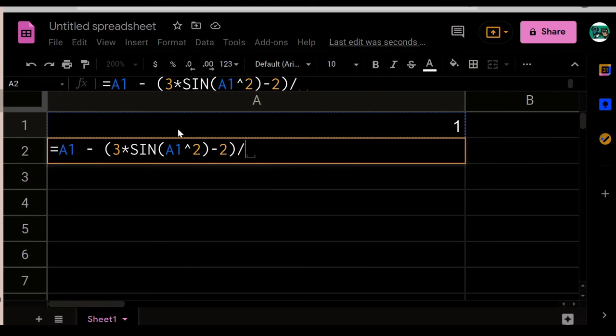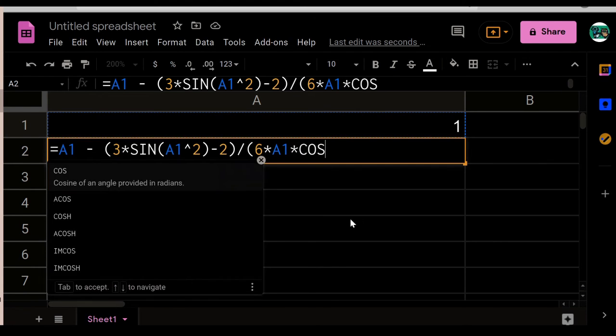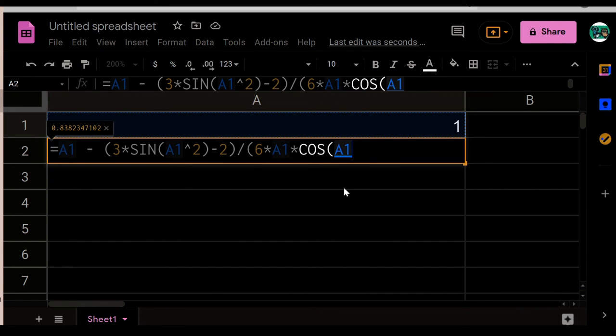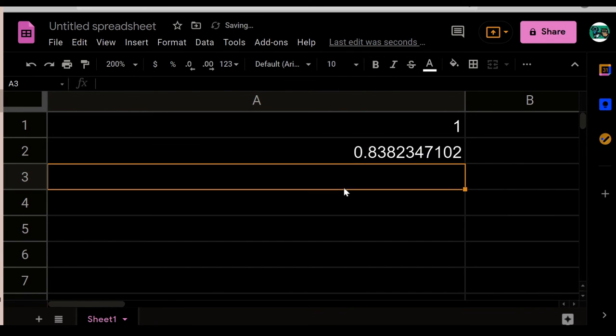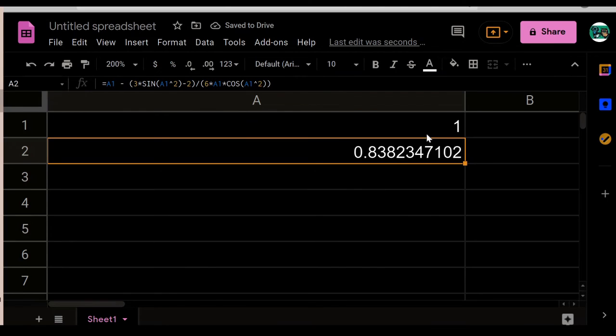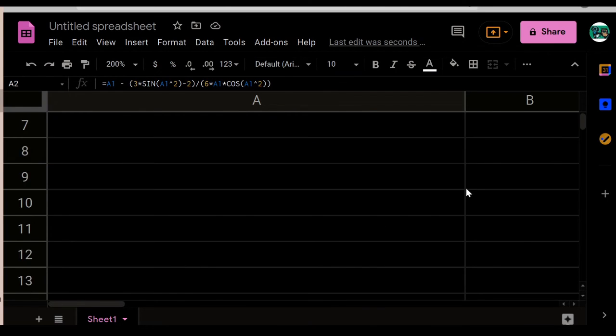Then I'm going to divide that by the value of f prime with all the x's replaced by a1's. So not 6 times x, but 6 times a1, and not cosine of x squared, but cosine of a1 squared. So it has extrapolated the value of x sub 1, and let's autofill to get the values of the other x's.